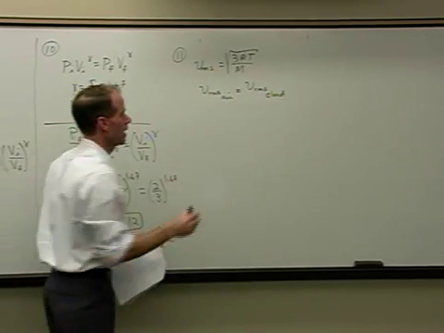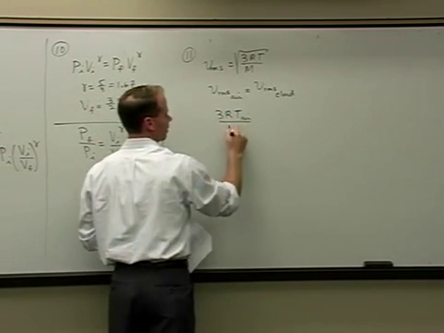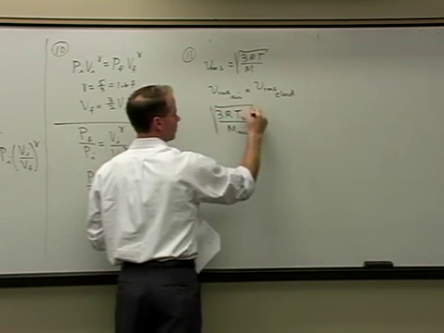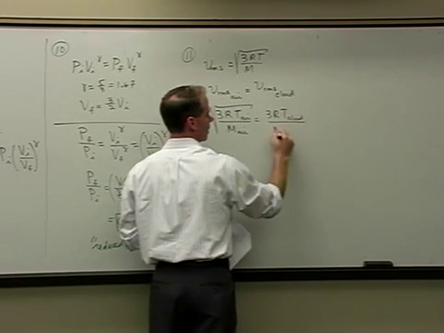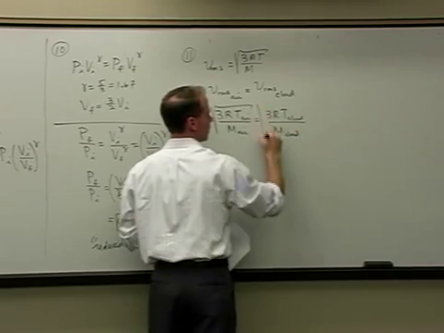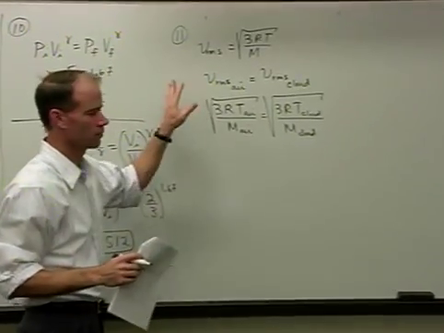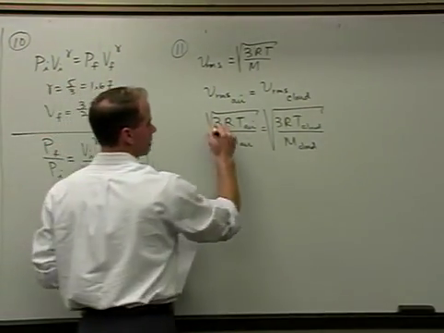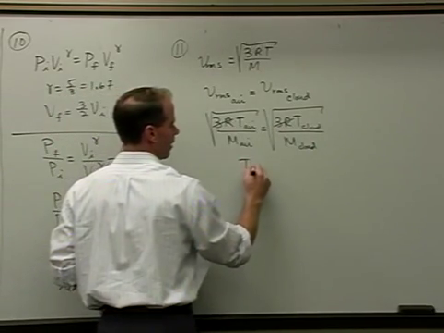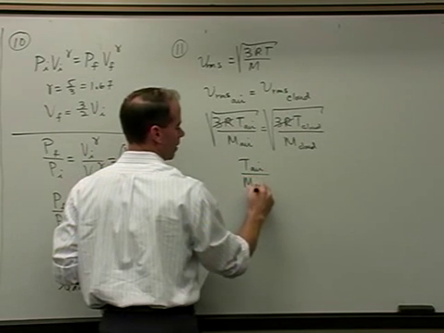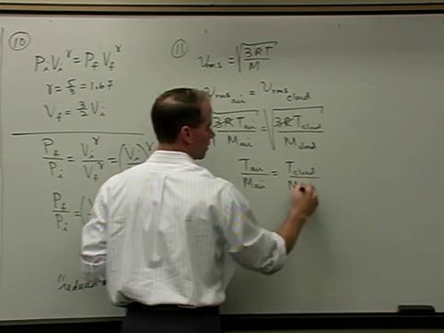So I could write this as the square root of 3R temperature of the air over the molecular weight of air equals the square root of 3R temperature of the cloud over the molecular weight of the cloud. Let's square both sides to get rid of the square roots, and let's divide by 3R on both sides, so we'll get rid of the 3R's. And so we'll have the temperature of the air to the molecular weight of air equals the temperature of the cloud to the molecular weight of the cloud.